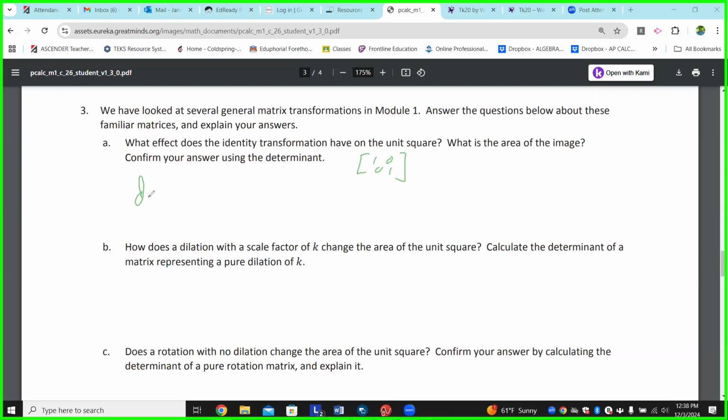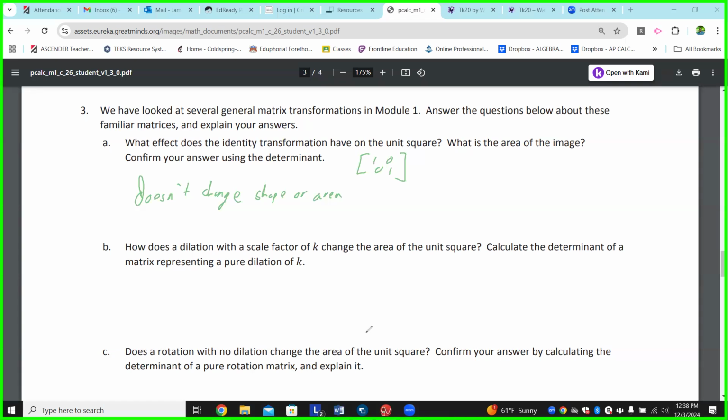It doesn't change it. And what effect will it have on the area? It doesn't change the area. So: doesn't change shape or area.